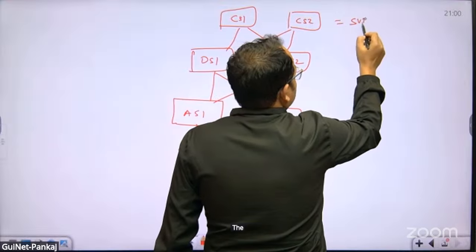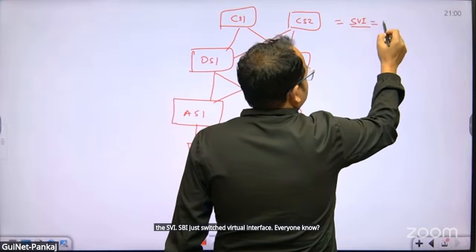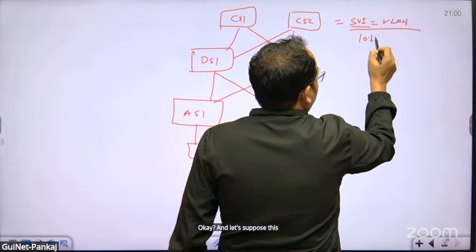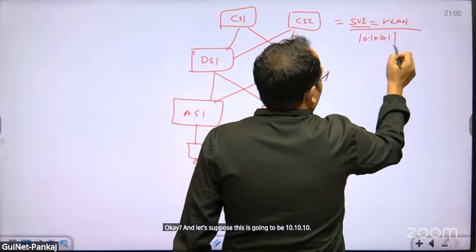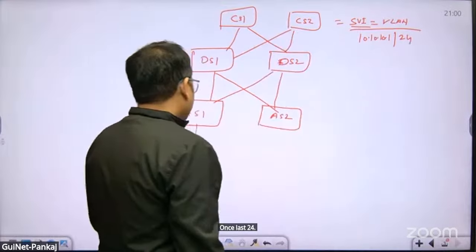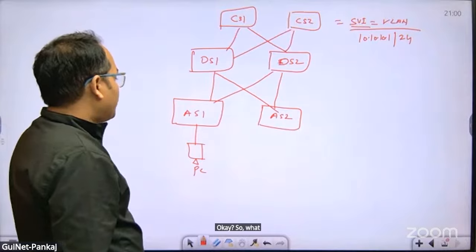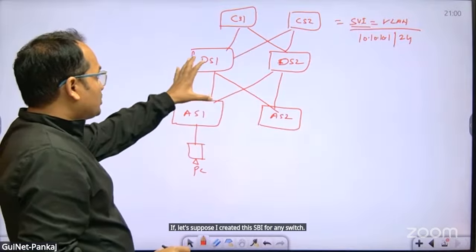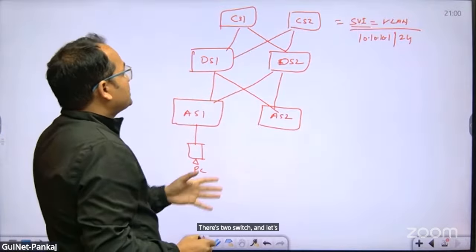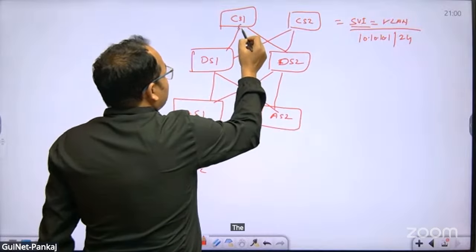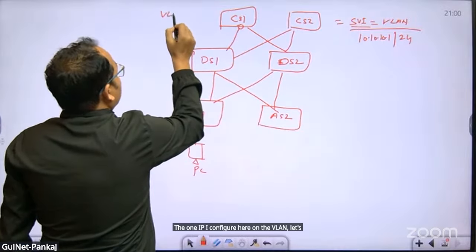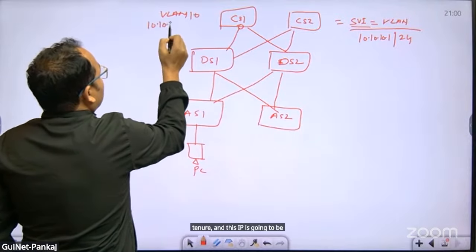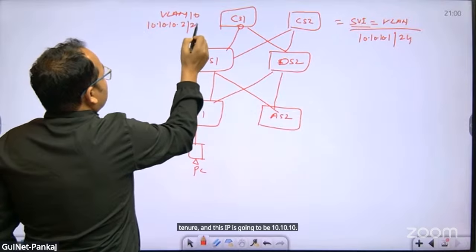The SVI is a switch virtual interface. Everyone knows that's the VLAN interface. Okay, and let's suppose this is going to be 10.10.10.1/24. So what challenge is going to happen? Let's suppose I created this SVI on both switches, there are two switches, and one IP I configure here on the VLAN, let's suppose VLAN 10, and this IP is going to be 10.10.10.2/24.